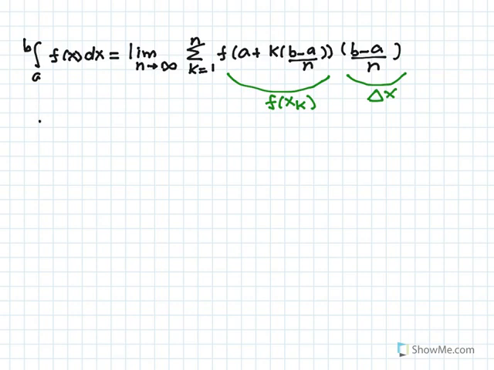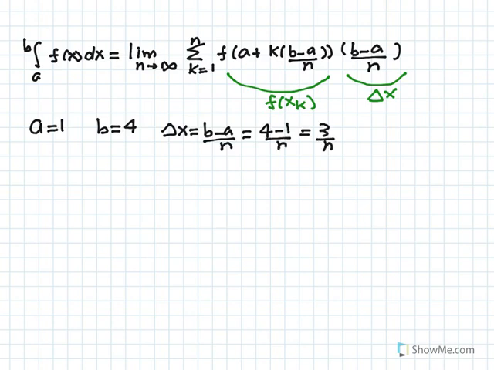Alright, so we have a equals 1, b is equal to 4, delta x is equal to (b minus a) over n, that is (4 minus 1) over n, and that's 3 over n. We found our x_k to be a plus k times (b minus a) over n, that's 1 plus 3k over n.